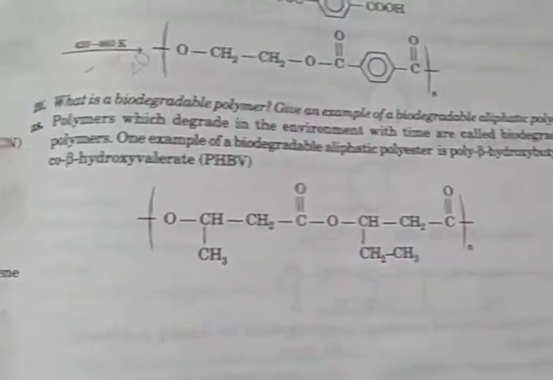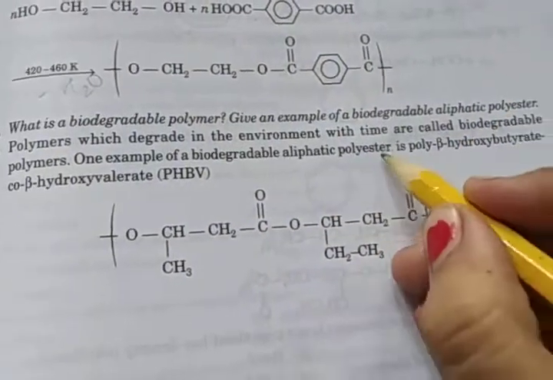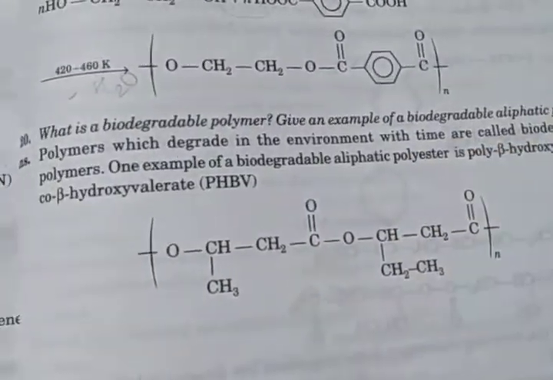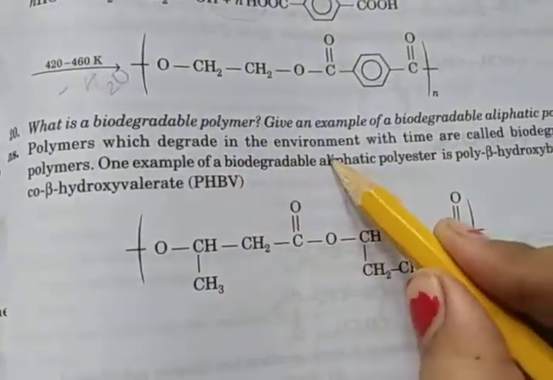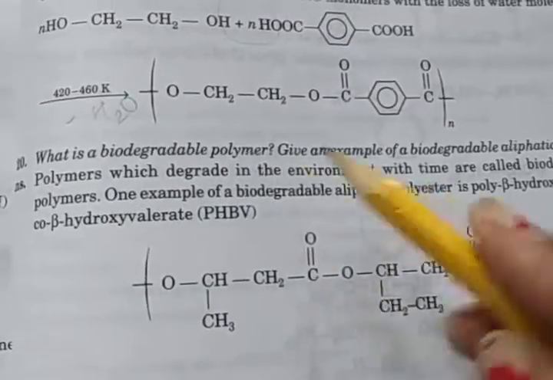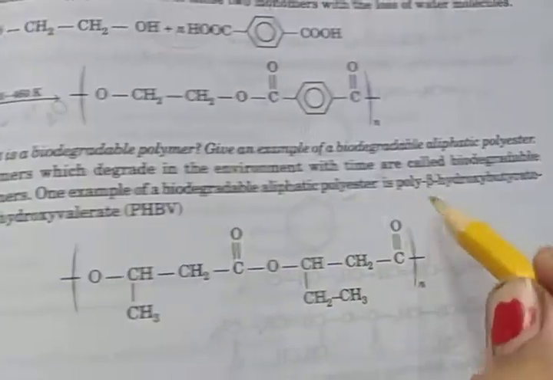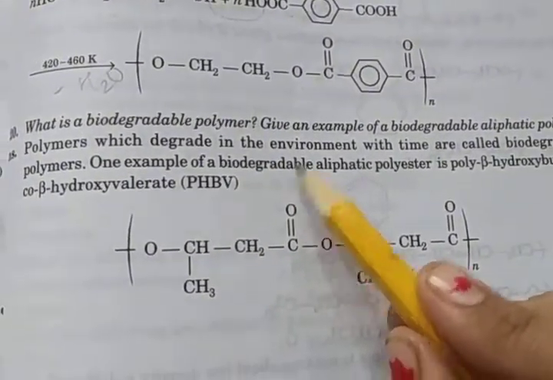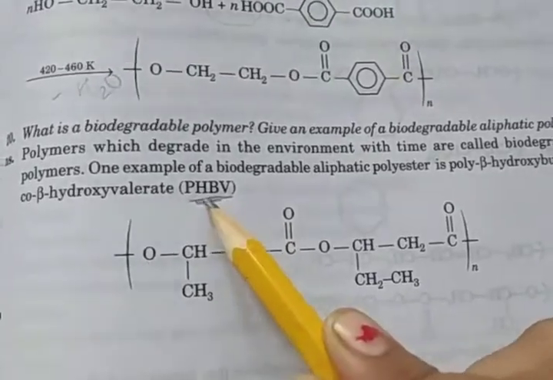Then question number 20, what is a biodegradable polymer, and give an example of a biodegradable aliphatic polymer. Okay, biodegradable means polymers which degrade in the environment with time. Polymers which degrade in the environment with time are called biodegradable polymers. So one example of a biodegradable polymer is PHBV.